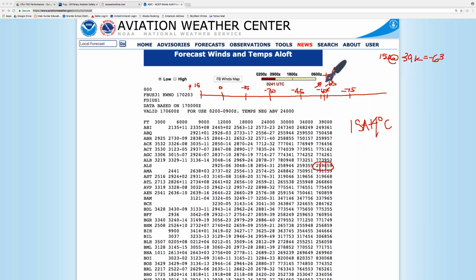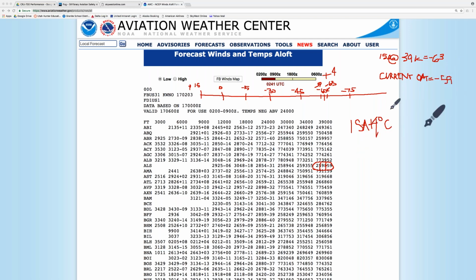Yeah, that's what I did here, right? Negative 59 degrees. So our current OAT, outside air temperature, equals negative 59 degrees.